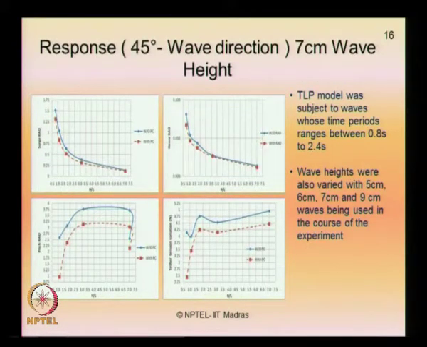If you look at this trend for a different angle of attack, at 45 degrees for example, for a 7 centimeter wave height, with the same wave height kept for the same range of wave periods and wave heights, you will see that the trend is again similar. In pitch and tether tension variation you will see that the variation suddenly has a significant effect even at a specific H by L value close to around 2 or 1.8, then the trend follows.